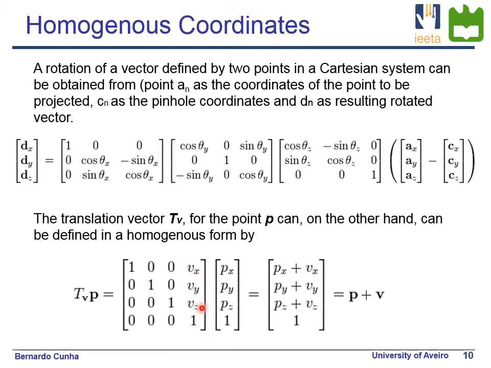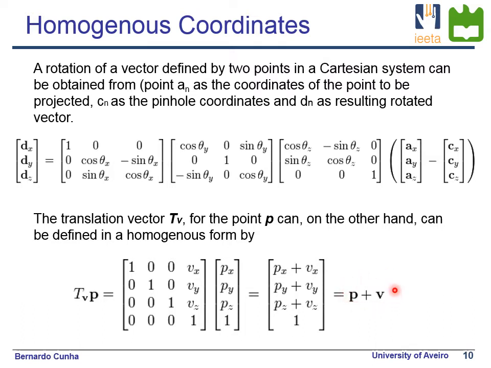Vx, Vy, and Vz are basically the values that you want to add in each of the three axes. So this is a translation in x, in y, and in z. The result, of course, will be the sum of Px plus Vx, Py plus Vy, and Pz plus Vz. And this is basically a translation in space of one point to another.